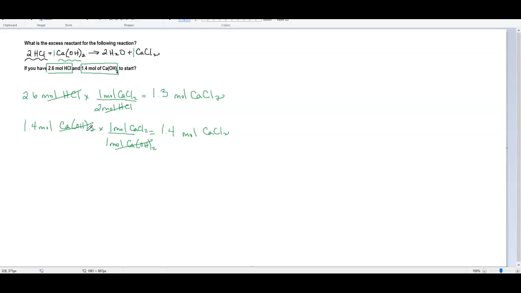So in this case, my limiting reactant is going to be my HCl because it actually makes the lesser amount of product at 1.3 moles. So this equation here is showing me my limiting reactant. So that's going to be HCl.